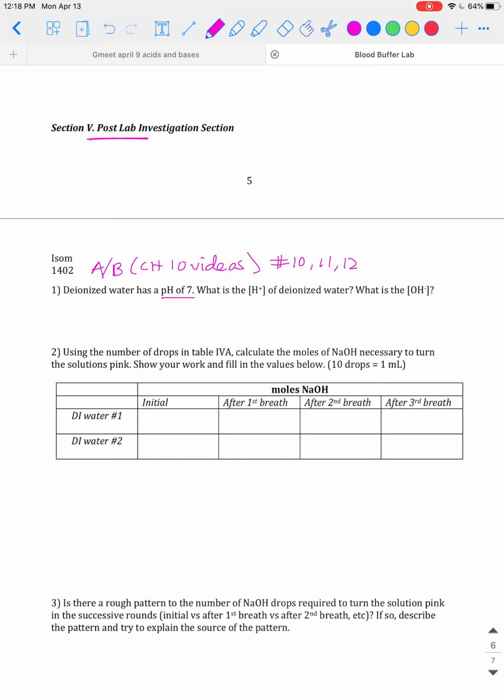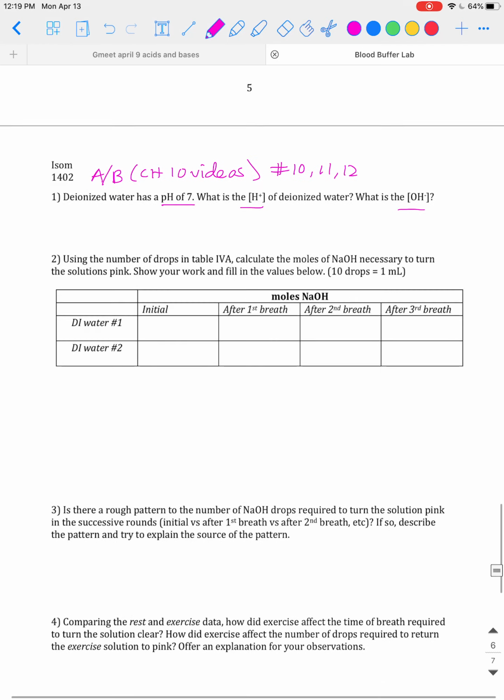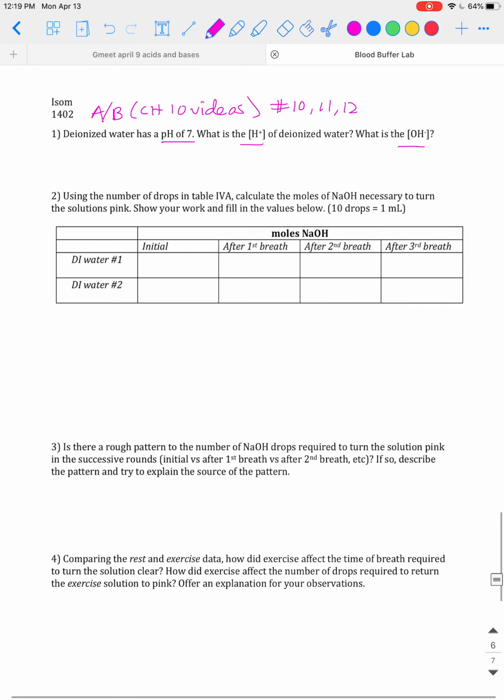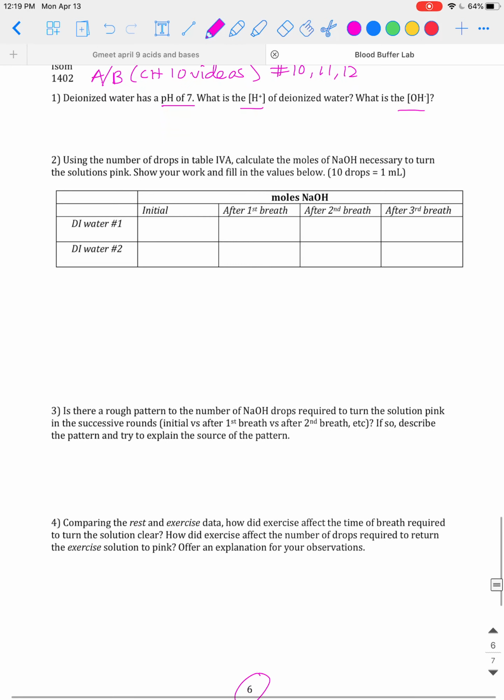As far as showing work, there is an equation that gives us the answer to this, okay? And you can either take the pH and solve for the concentration of H+, and then use kW and solve for OH-, or you can talk me through it from knowing kW at neutral pH of 7 for pure water.